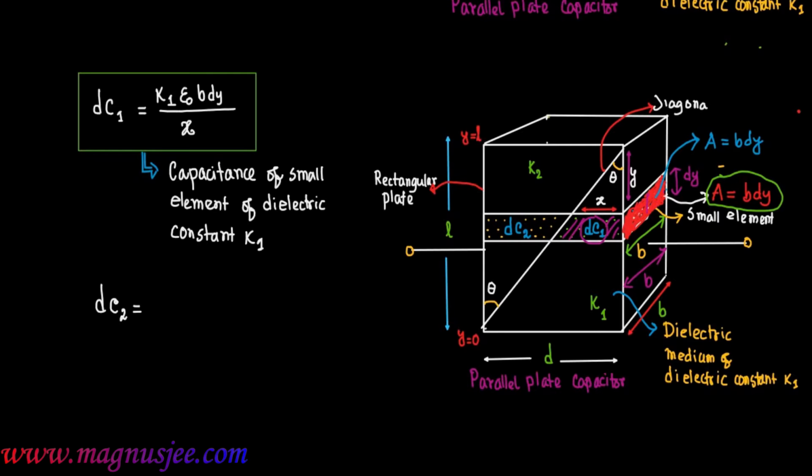Similarly, you can write down the expression of dC2, which is equal to K2 epsilon 0.